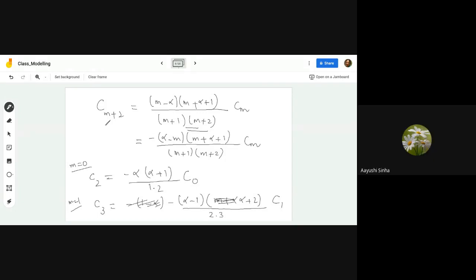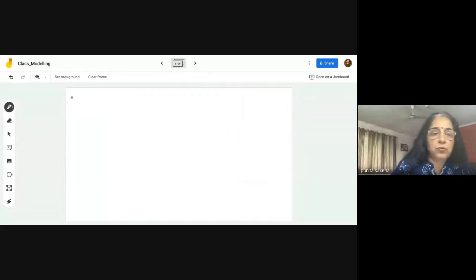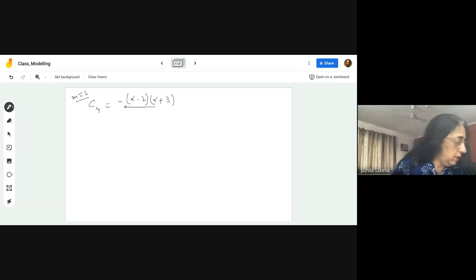Yes, ma'am. Similarly, what will be C4 now when you put m equal to 2? You're going to get C4. So m equal to 2 would mean minus alpha minus 2 into alpha plus 3 upon 3 into 4, C2. But how much was C2?